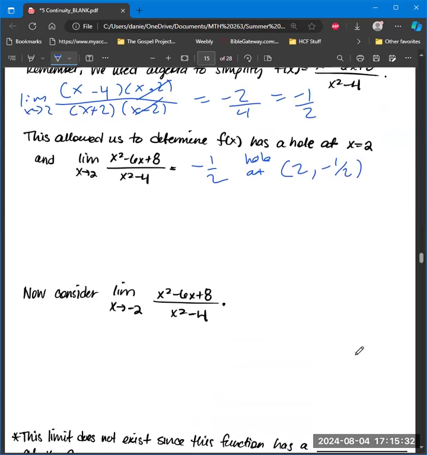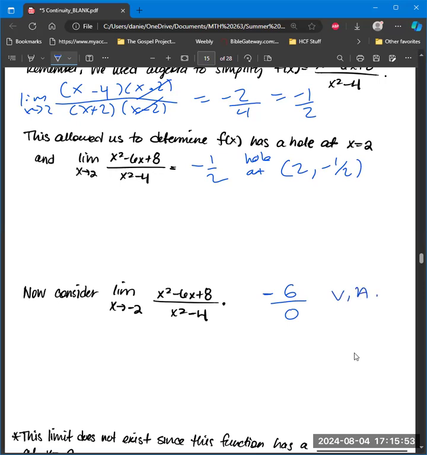Now consider going to negative 2. We don't need to cancel out that factor, but it doesn't hurt us to do it. So that's going to give us negative 6 over 0, and we're going to say, uh-oh, we have a vertical asymptote there because we have k over 0. So we're going to need to look at the graph here.